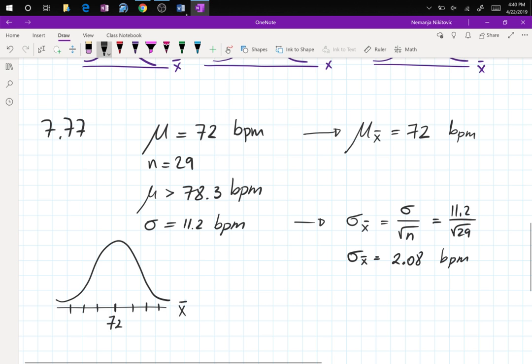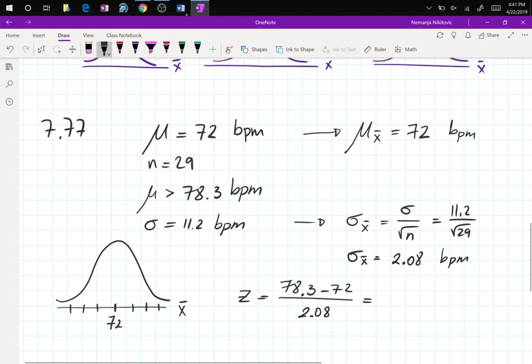Because this is the distribution of the x bar variable. So you can compute now the z-score: 78.3 minus 72 divided by 2.08.